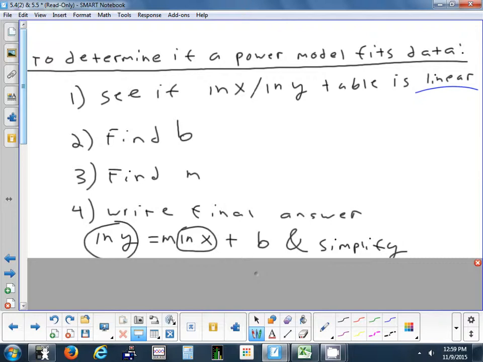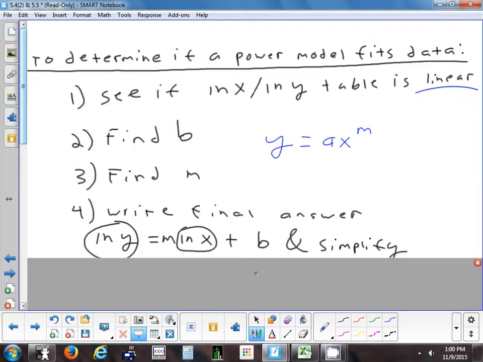Let me just double check. I think when I wrote it, I used y equals ax to the m. Are those the letters I used? Yeah. So it depends if we want to be consistent with what the book does or with what the calculator does. The calculator, I think, uses a and b.